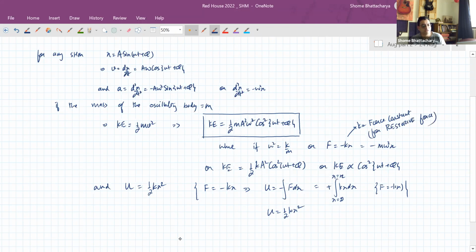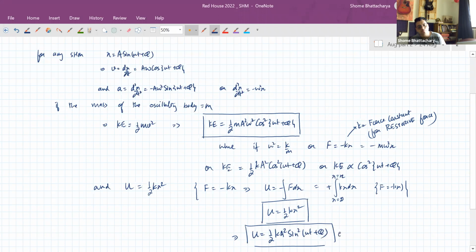So potential energy can be written like this, or in other words, potential energy is half k a square sine square omega t plus phi. Potential energy is proportional to sine square omega t plus phi.